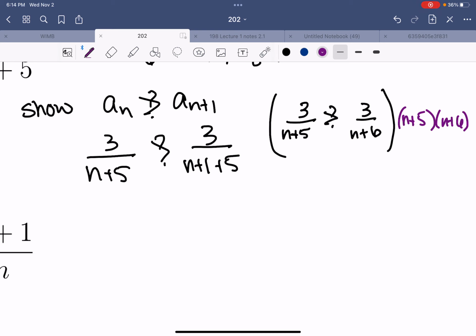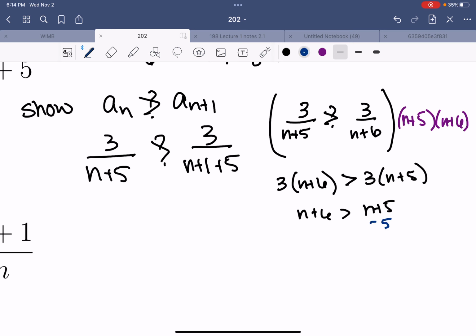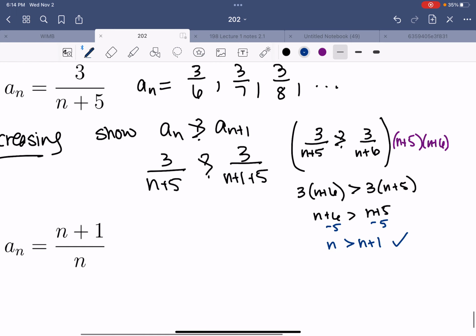And when we do that, we have 3 times n plus 6 being greater than 3 times n plus 5. You can cancel out the 3's, and that gives you n plus 6 is greater than n plus 5, and you can subtract 5 from both sides. And then you have n plus 1 is greater than n, which of course is true. Okay, so you want to get to the point where you get to something that is undeniably true. And so that way we can show that it is in fact decreasing.